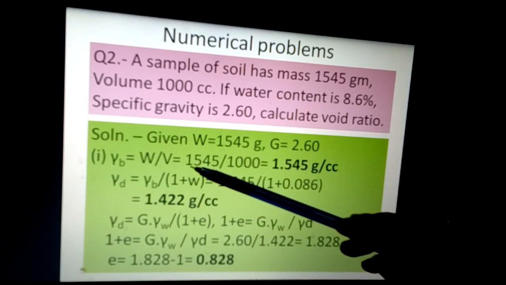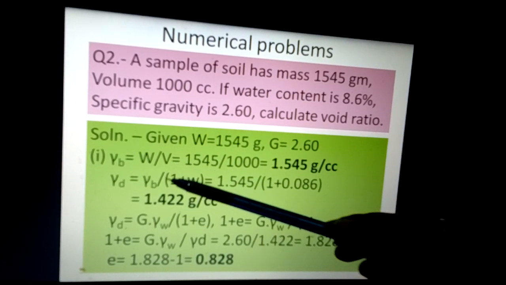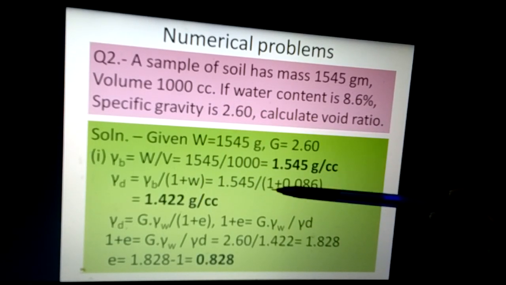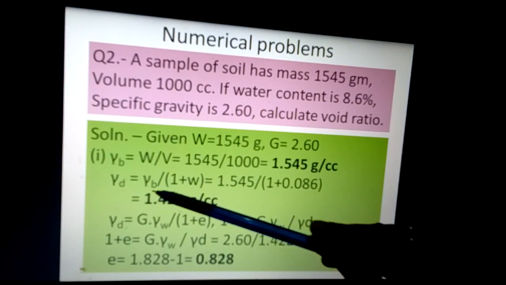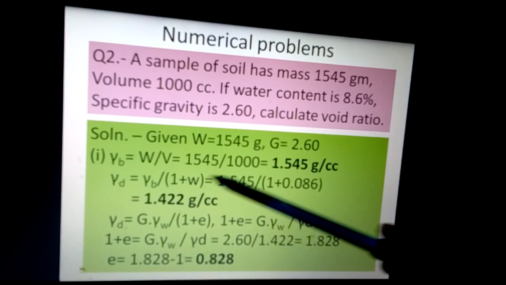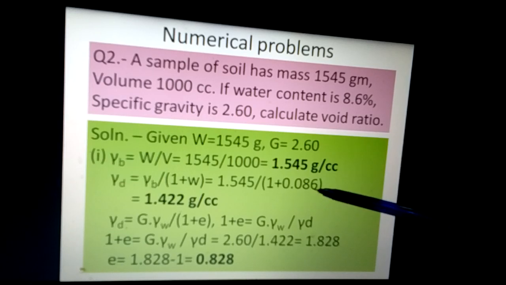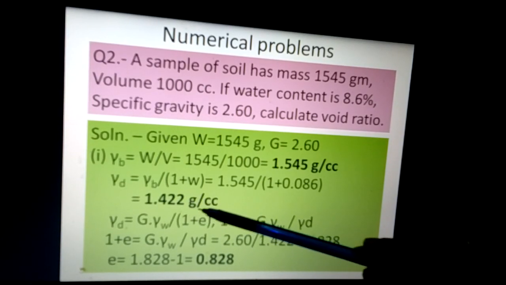We can calculate the bulk density, total weight divided by total volume, so 1545 by 1000 gives 1.545 gram per cc. Gamma D, dry density, equals gamma bulk divided by 1 plus water content, so 1.545 divided by 1 plus 0.086, and this comes to 1.422 gram per cc.